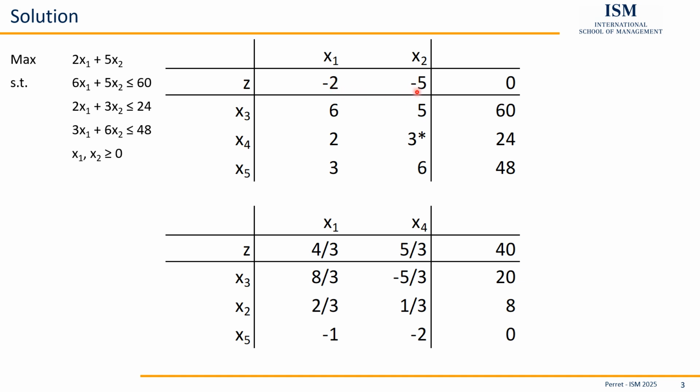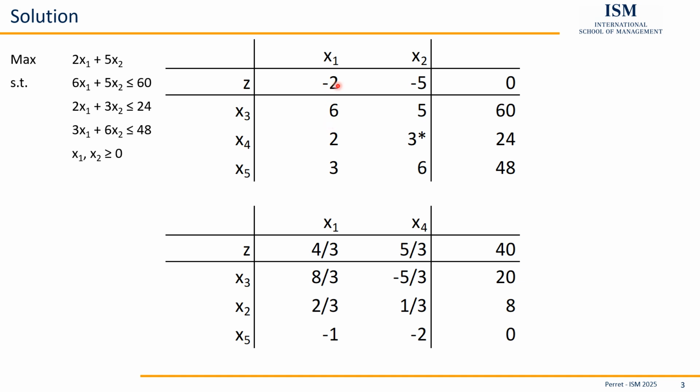For all these values which are not in the pivot row or pivot column, I'm going to use a rectangular form. Rectangular form means I'm going to take a look at this element which I want to change. Consider this as one corner of a rectangle and consider the pivot element as the opposing corner. So in total I would have this rectangle with those two as opposing corners and those two as the other ones.